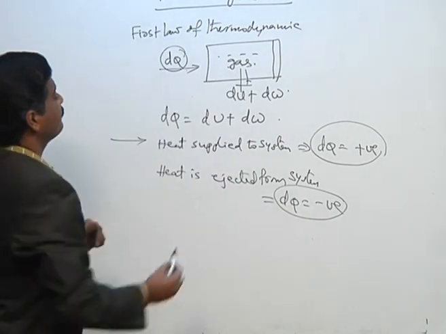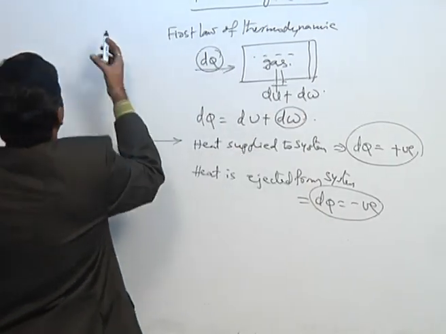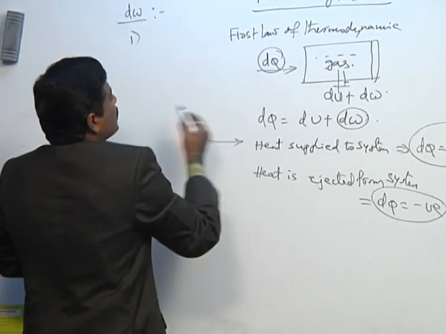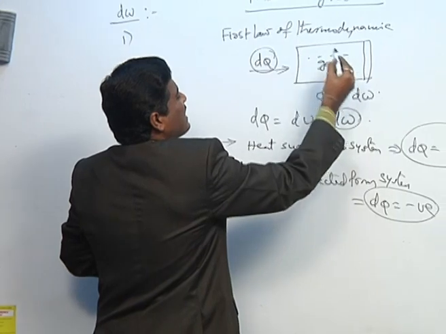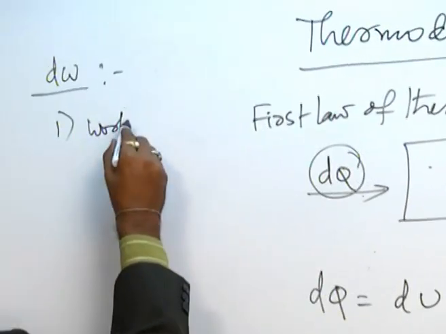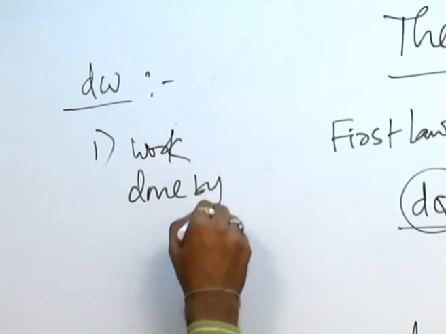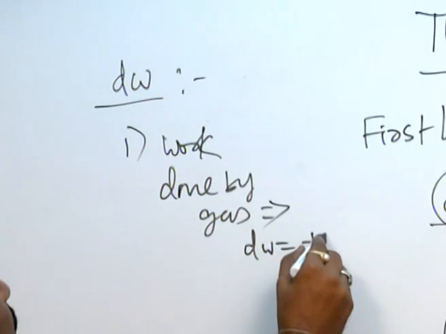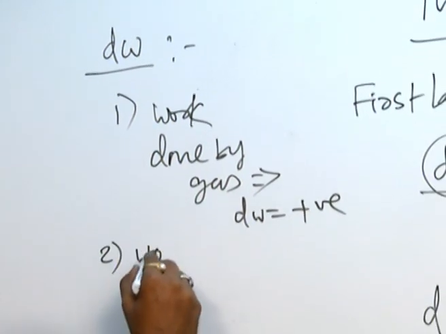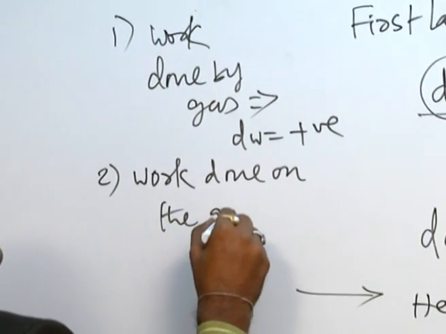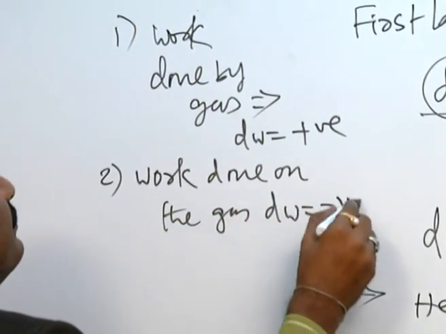Come to the work done here, work done assumptions. If work is done by the gas, dW is positive. Work done on the gas, dW is negative.